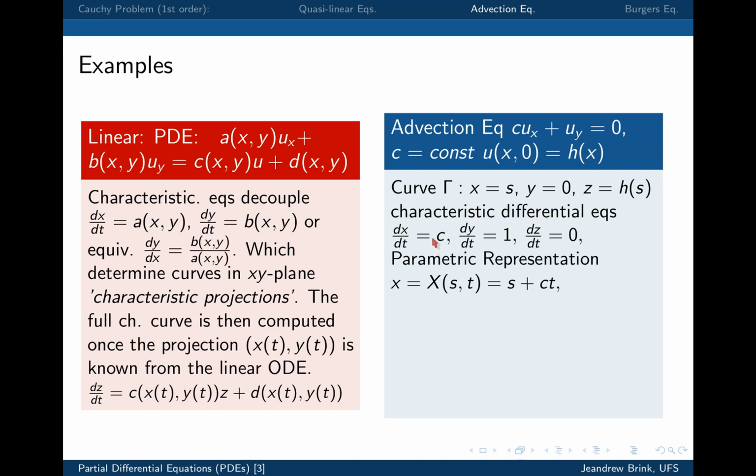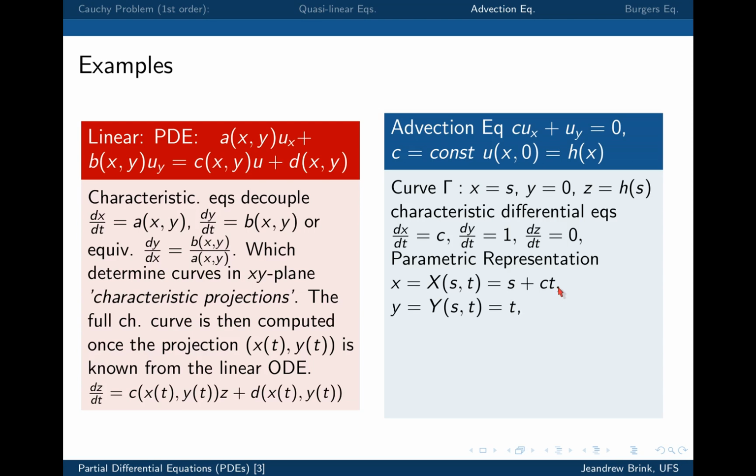Okay, so we have that the solution is just ct integrated with respect to t plus an arbitrary constant, but that arbitrary constant is such that x at t equals 0 is s. Okay, so we put the s in there.